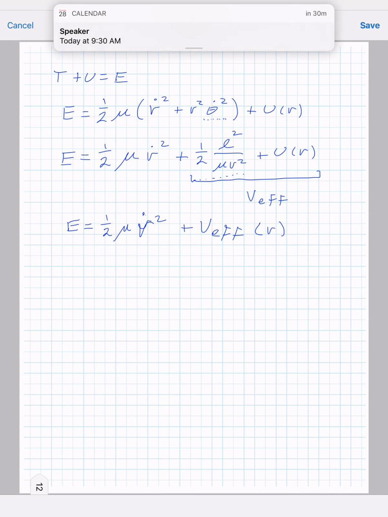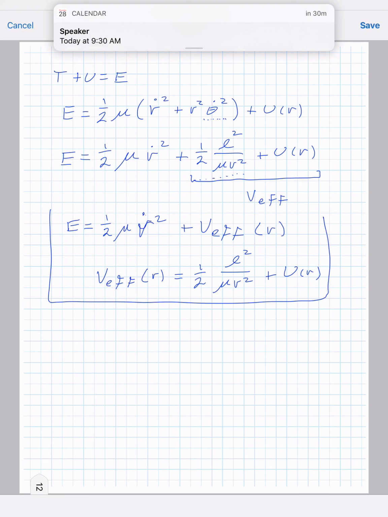Writing that out explicitly, V effective as a function of r is equal to 1/2 L squared over mu r squared, plus U of r. Let me put that into a box, because this is an important consequence of energy conservation and angular momentum conservation. Both have now allowed us to define this effective potential.